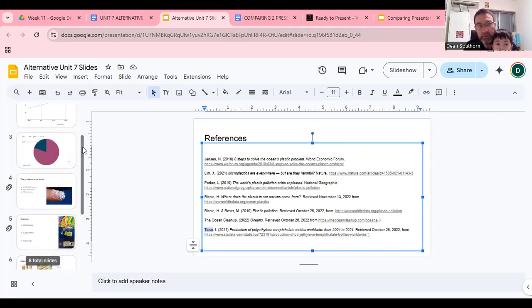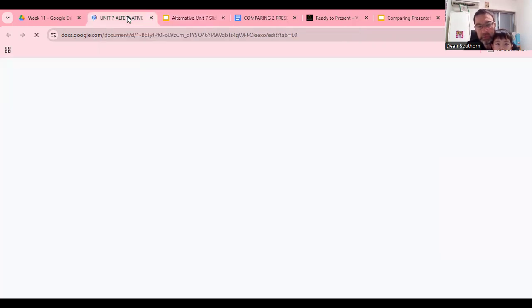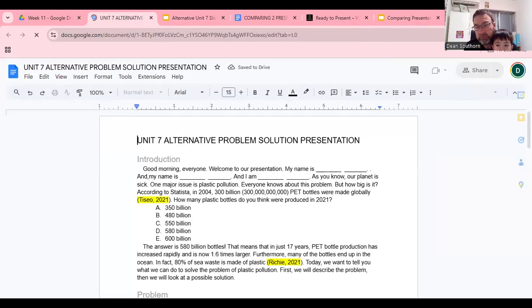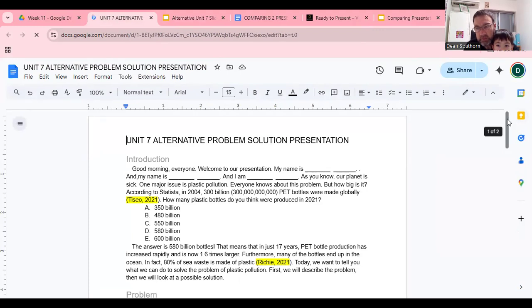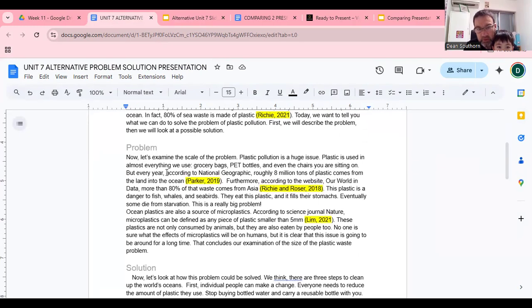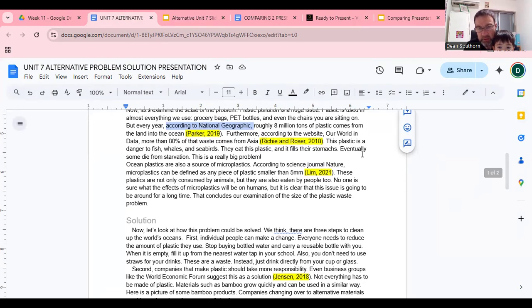Okay, so that's one thing. The other thing as well, when we are speaking, we're not just putting the citations in, we are referring to them when we talk. So we have phrases such as according to. So if we look at this, according to National Geographic, I put in as well, according to Liam and the Nature website.